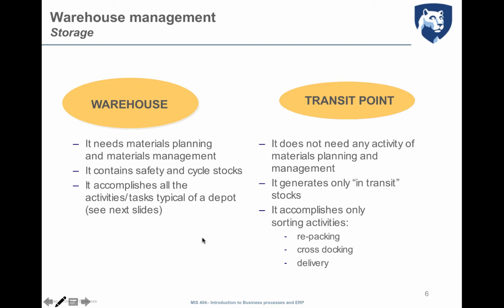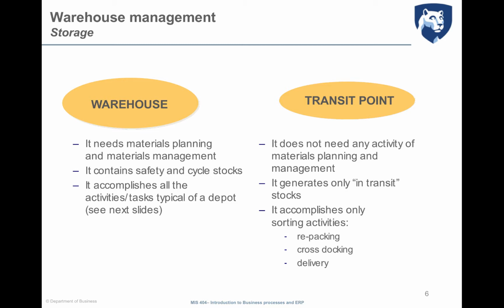Here you see a summary of what I briefly described before. So in warehouses there is a policy of inventory management. So all that we briefly discussed in materials planning and production planning and control apply to warehouse. So they are a part of the production system where goods are stored, and so there's the need to plan how inventory is managed in that building, in that places.